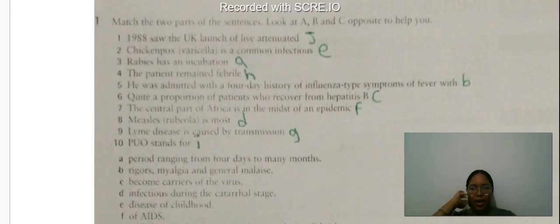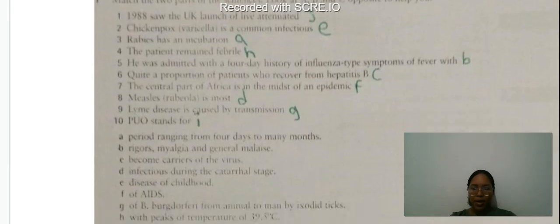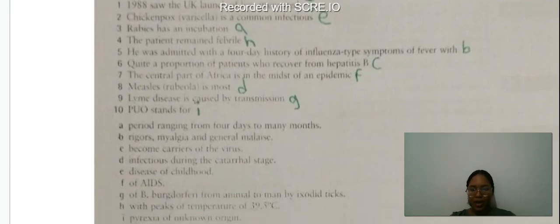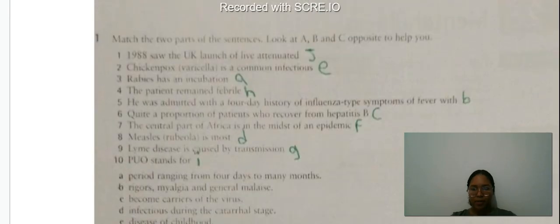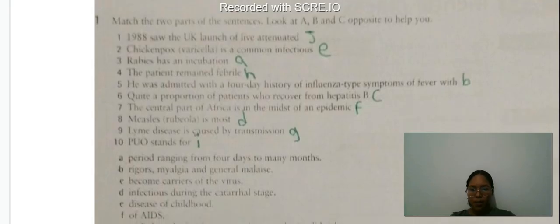He was admitted with a 4-day history of influenza-type symptoms of fever with B. rigors, myalgia, and general malaise. 6. Quite a proportion of patients who recover from hepatitis B, C, become carriers of the virus. 7.